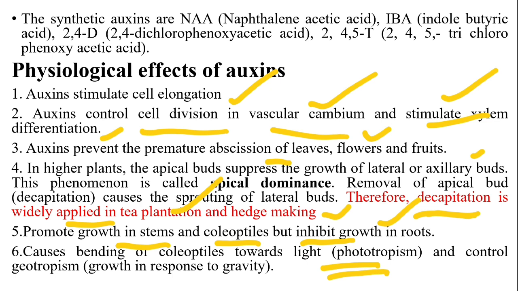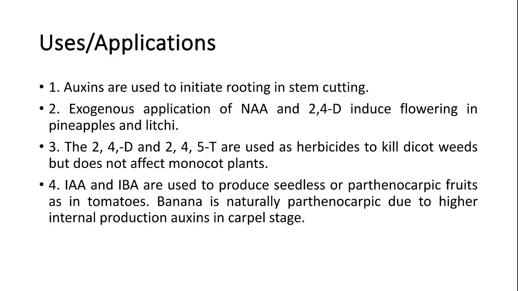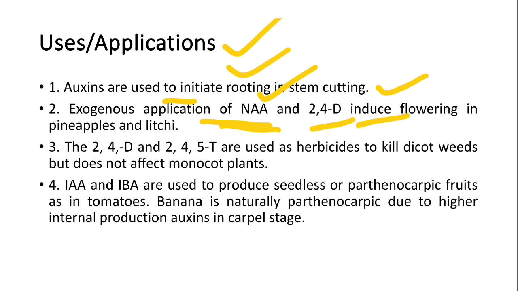What is geotropism? The growth in response to gravity. Root generally shows positive geotropism. Then uses of auxin. Auxins are used to initiate rooting in stem cutting. Exogenous application of naphthalene acetic acid and 2,4-dichlorophenoxyacetic acid induces flowering in pineapple.